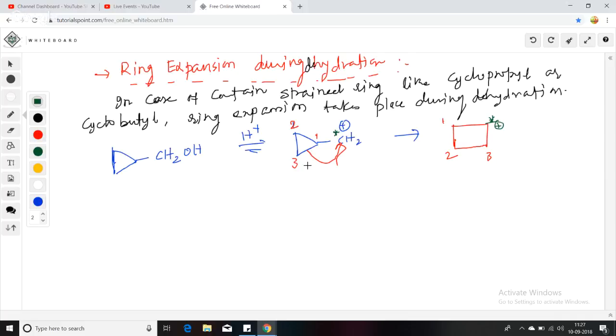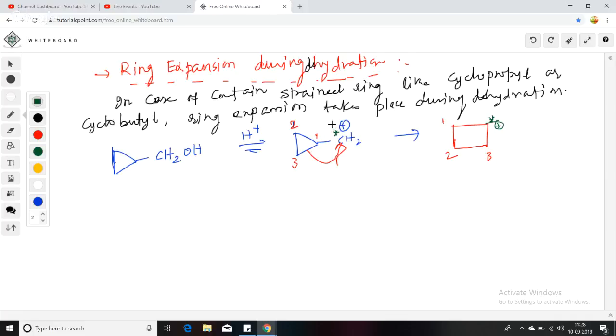See, the point here is what you just try to understand. This is important, otherwise you will get confused here. We have a bond pair electron here between one and third carbon atom, right? And 3 and this carbon is joining. So this bond pair of electron, which was joined with 3 and first carbon, is now joined with 3 and this star marked carbon. So the first carbon atom loses its electron to the star marked carbon atom.